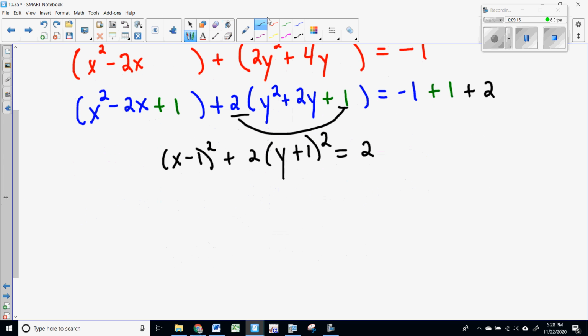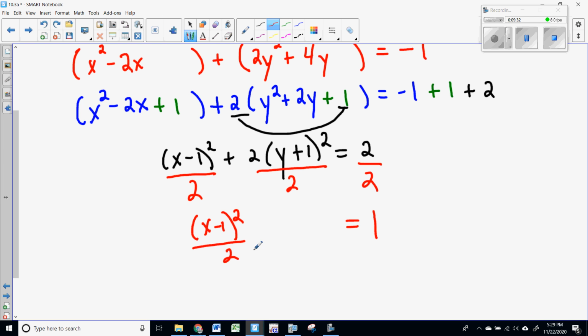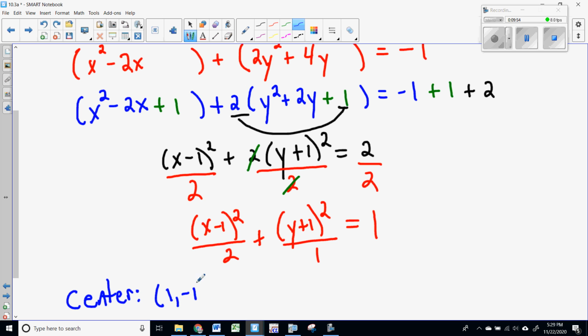And the final thing, as we said, ellipses always, always, always have to equal 1. So I'm going to have to divide by 2 to get 1. So if I divide everything by 2, I am going to get (x minus 1) squared over 2 plus, these cancel, (y plus 1) squared over 1. So there's our formula, and we can see from here that our center is (1, -1).